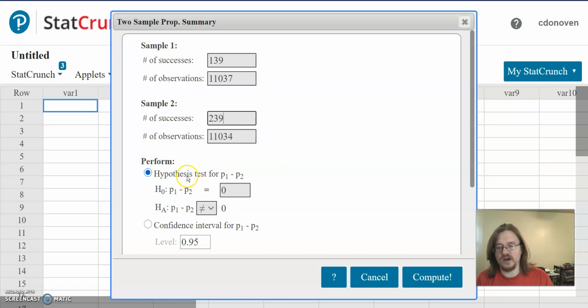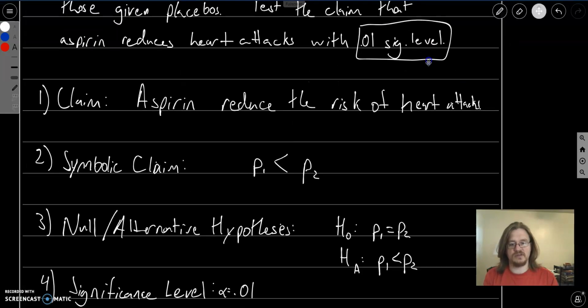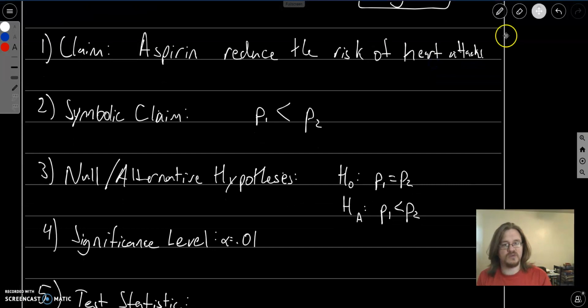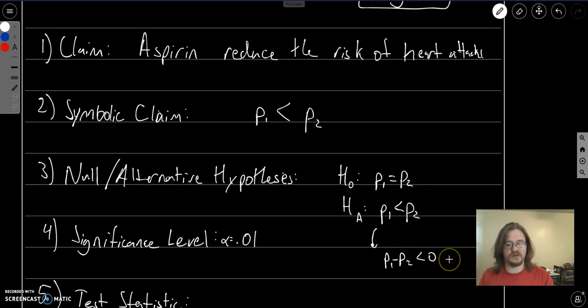And again, our hypothesis test for the difference in the proportions, our null hypothesis is that the difference is going to be 0. But if we come back to the alternative hypothesis, what I do want to write down really quickly is if I subtract P2 from both sides, what we're testing is whether or not P1 minus P2 is a negative number.